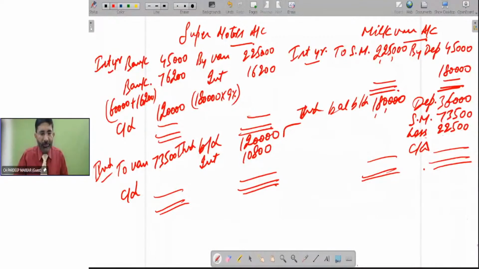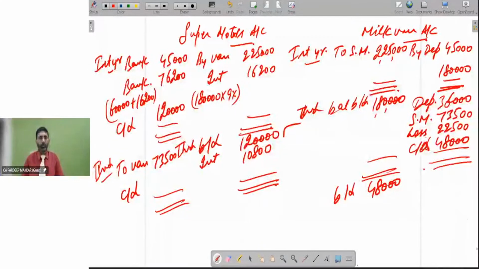So tell me how much it is. Someone is saying it is 48,000 milk van account. Maybe it is right. I'll have to assume that balance carried on is 48,000. And how much is the balance in vendor account?